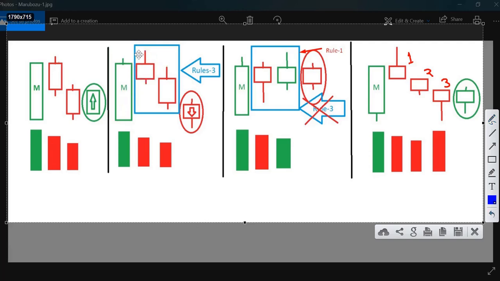We have to find out how buyers try. If the wicks are this size and the lower wick is this size, that means buyers decrease the sellers' volume, and then this candle will be the green candle.